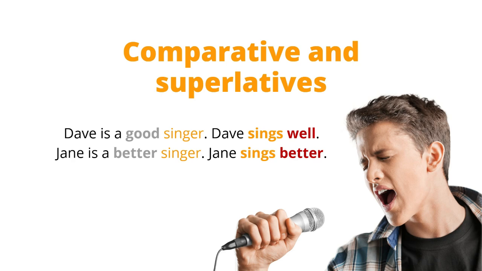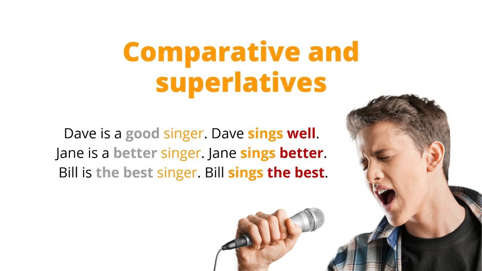So the adverb form is the same as the adjective form when we're using comparatives. And in the superlative, Bill is the best singer. Bill sings the best. Or Bill sings best. Sometimes we remove the. So you see the comparative and superlative forms with better and the best remain the same.